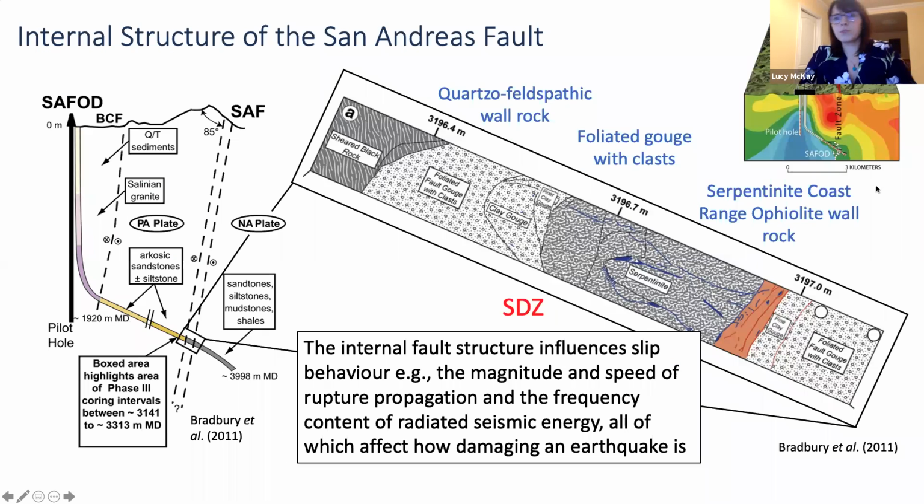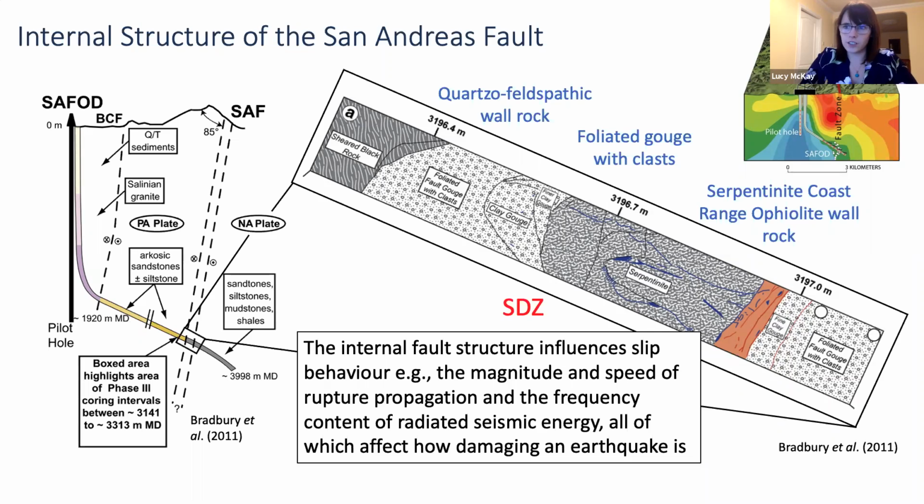So recently there's been a lot of interest in drilling down into plate boundary faults to see how the internal structure of active plate boundary fault zones influences slip behaviour. So findings from these projects have highlighted the presence and importance of clay-rich fault rocks. So for example, this slide shows the San Andreas borehole that was drilled through the San Andreas plate boundary fault.